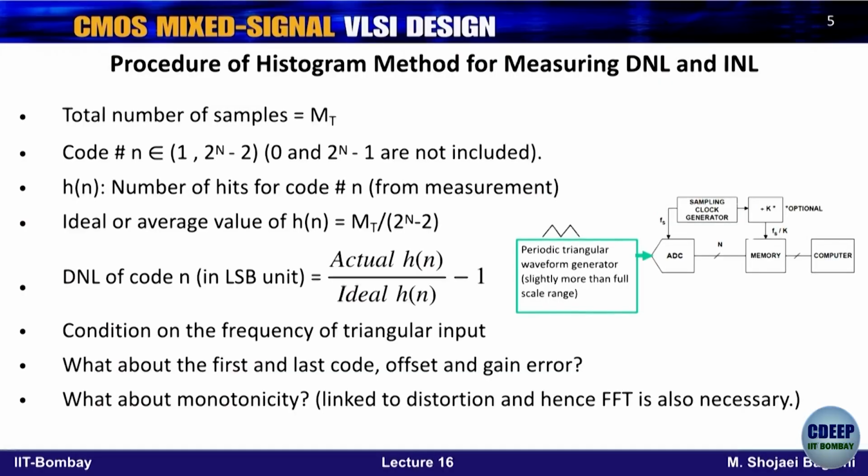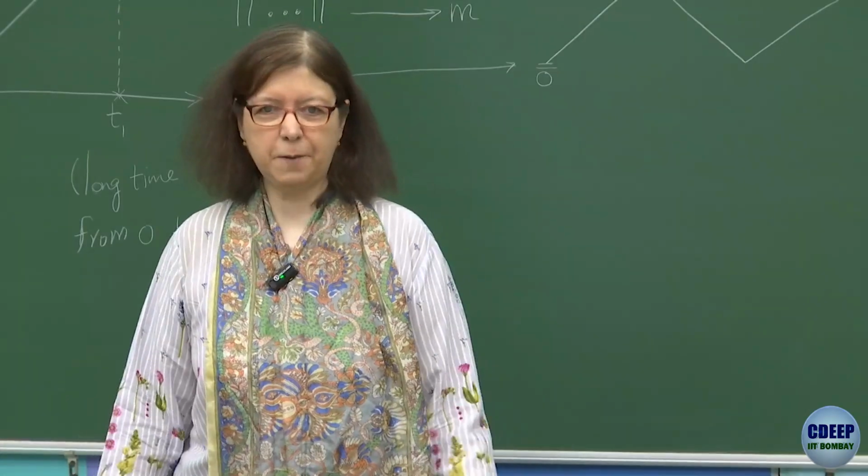We need to make sure that even after fabrication, if an ADC has become non-monotonic, more often than not it's not even used. Have you ever seen any commercial product or even research paper which introduces a non-monotonic ADC, unless it is on purpose? So the assumption here is that this is really a monotonic ADC.